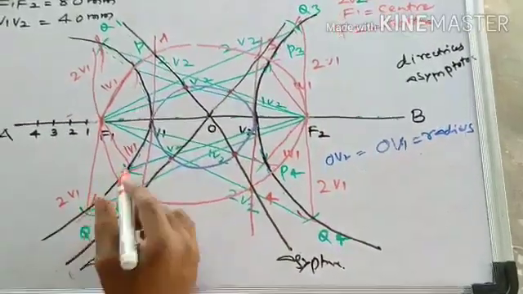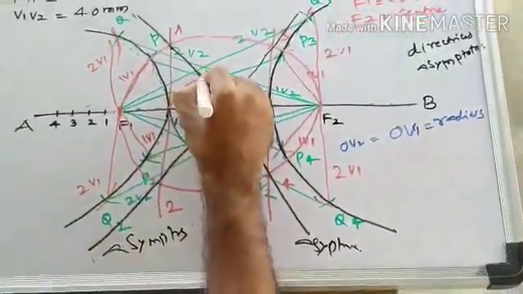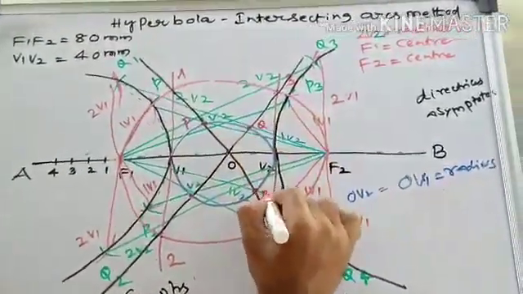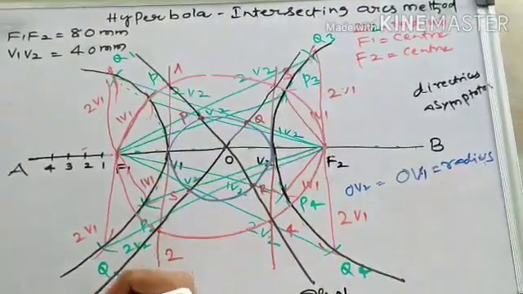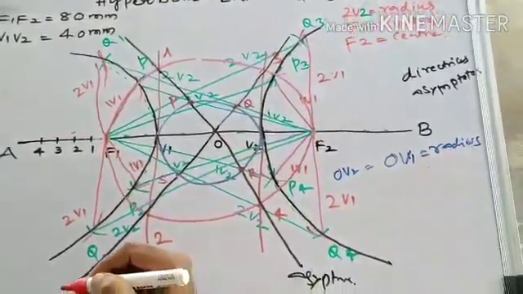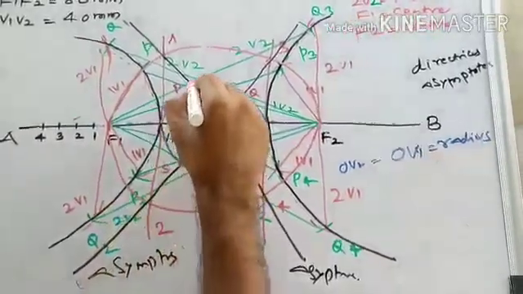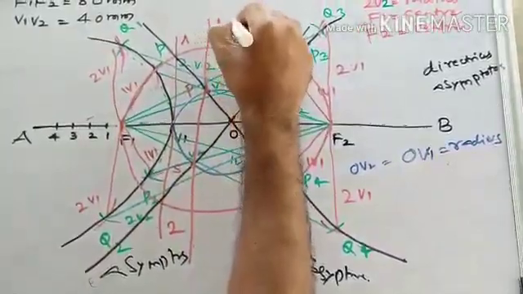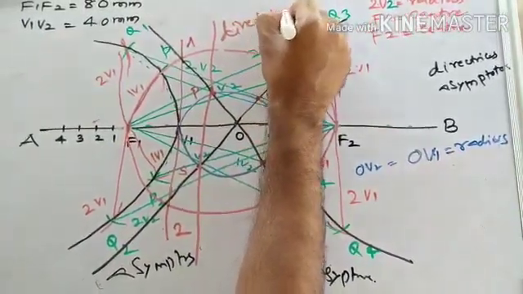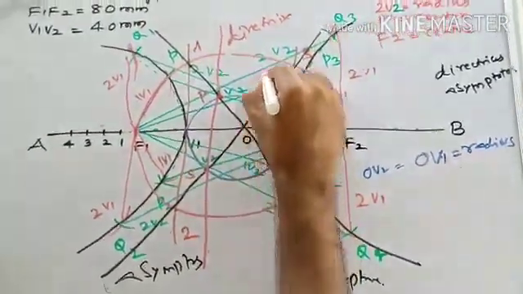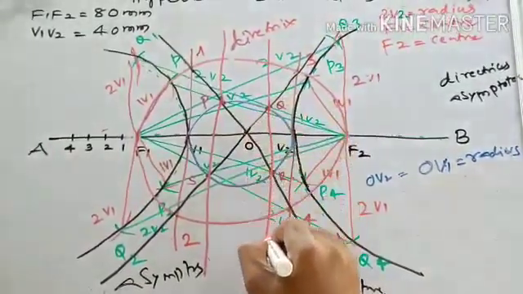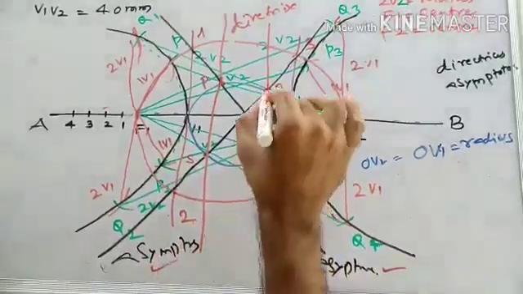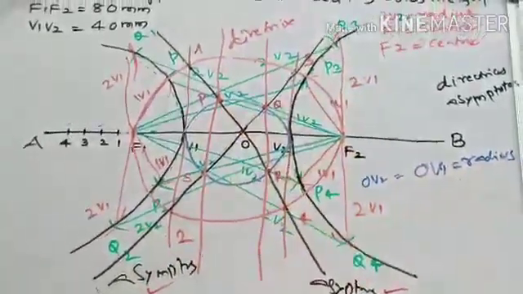Now name these points as P, Q, R, S. Now you have to join the respective points P and S. This is a directrix, and Q and P another directrix. So you got the asymptotes and the directrices. Thank you.